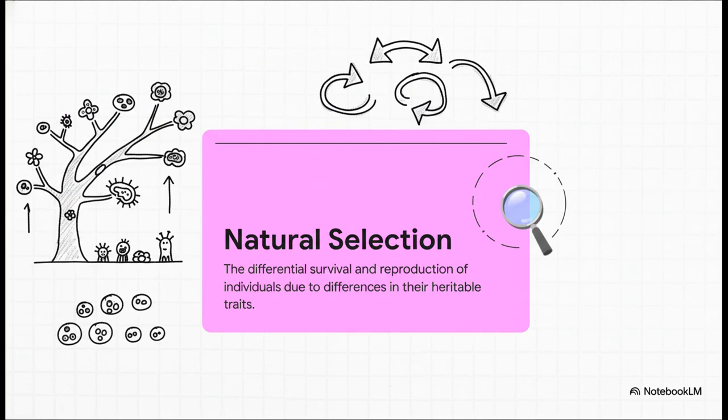And that simple process, that's it. That's natural selection. It's not some cosmic force picking winners and losers. It's just the inevitable result. The organisms with the better traits end up leaving more offspring, which makes those traits more common over time. It's simple, it's powerful, and back then, it was a seriously dangerous idea.